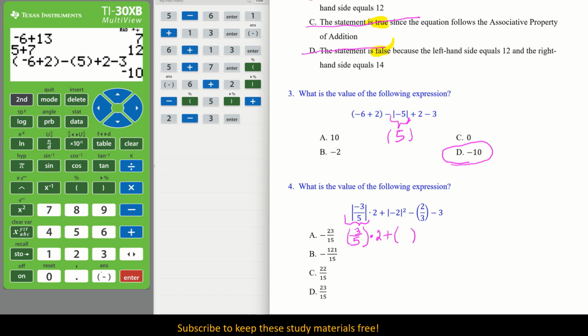Now, I know you see again that you think that might be silly to do the parentheses, but I'm going to do it. So I'm going to take my absolute value. My negative 2 is positive, and I'm going to put in the 2. Now, you might have looked at that and said, well, whenever you square something, it makes it positive no matter what.